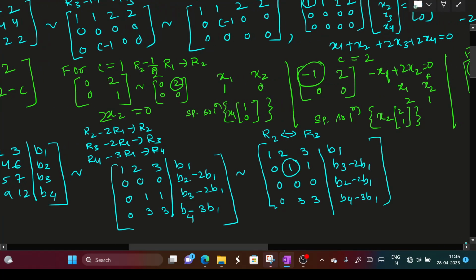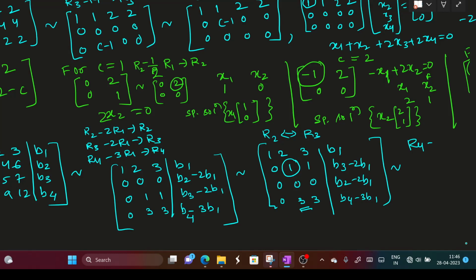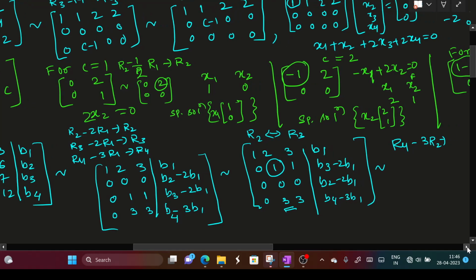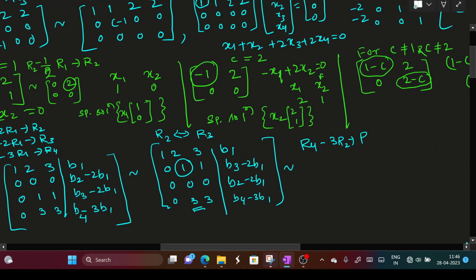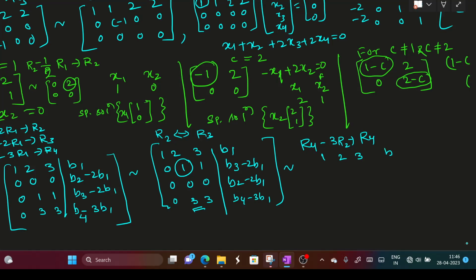Now this is my pivot, so I have to make it 0. So how to make it? R4 minus 3R2 stored in R4. It is 1, 2, 3, B1, 0, 1, 1, B3 minus 2B1.